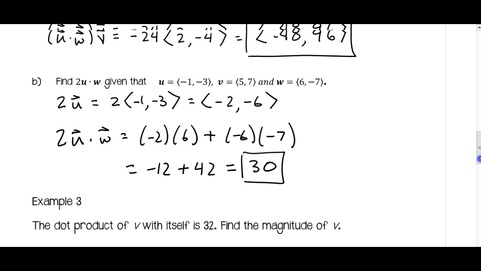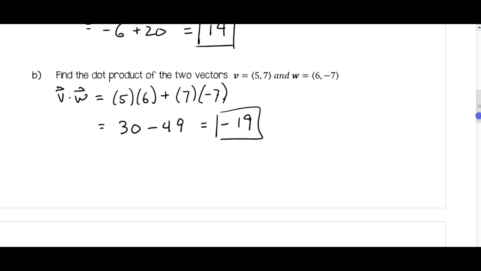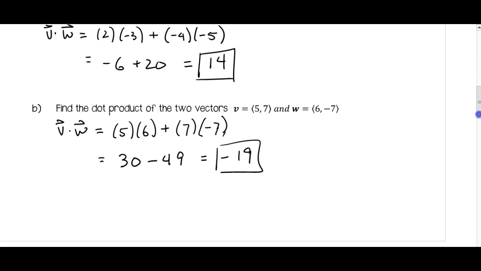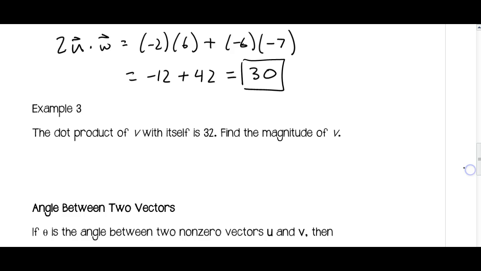So if we scroll back up here, we're going to look at this fourth property where v dot v is the magnitude of v squared. So let's go back down here, and we've got v dot v is equal to the magnitude of v squared.